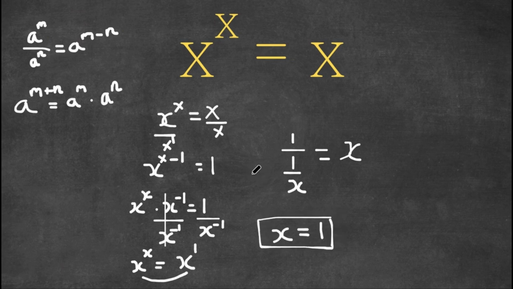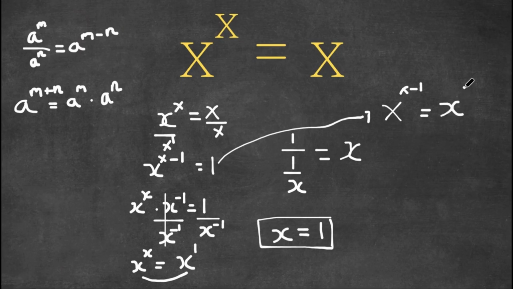However, remember this equation? x to the power of x minus 1 equals 1. I'm actually going to rewrite this as x to the power of x minus 1 equals x to the power of 0, because 1 is the same thing as x to the power of 0.